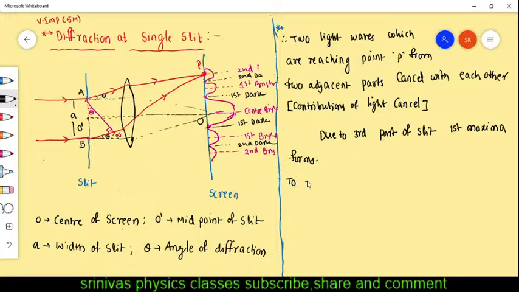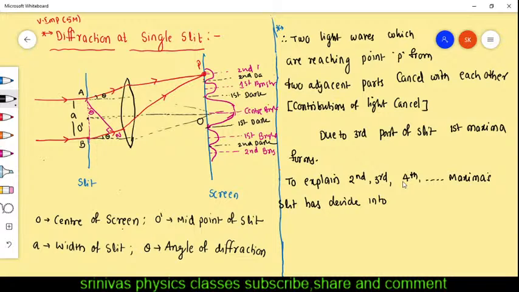To explain the other maxima, the second, third, fourth maxima, the slit has to be divided into equal parts.